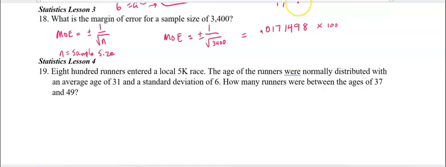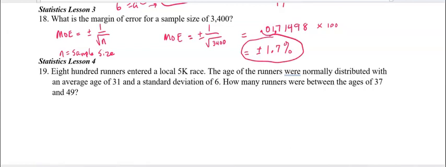Or you can just slide the decimal 2 places to the right, and that's another way of multiplying by 100. So we'll just leave this rounded to the nearest tenth. Our final answer here is going to be plus minus 1.7%.